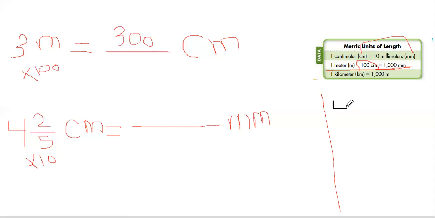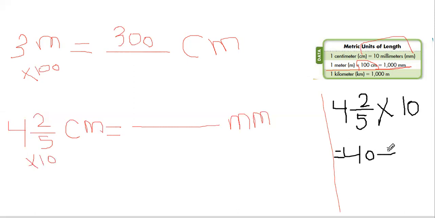4 and 2 over 5 times 10. Let's do it as we usually do. The whole with the whole, then the fraction with the whole. 4 times 10 is 40, plus 2 over 5 times 10.